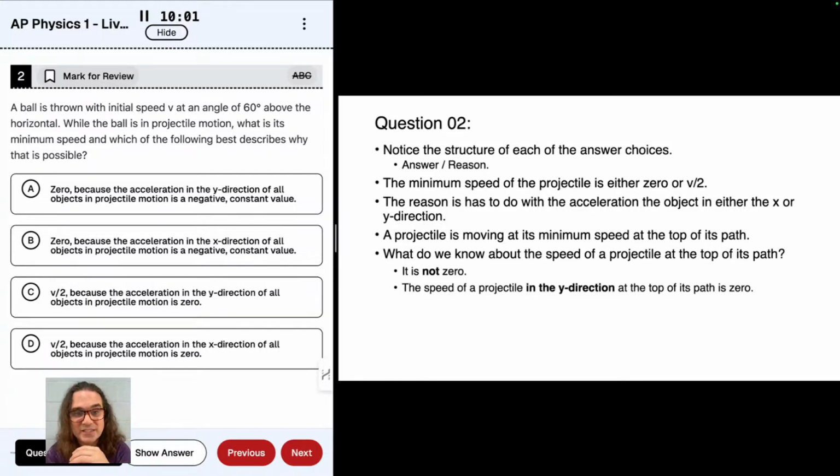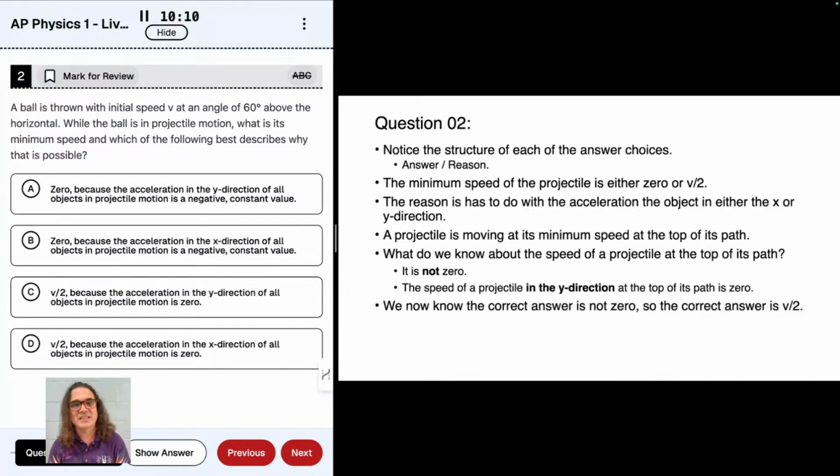The speed of a projectile in the y direction at the top of its path is 0. It's a very important distinction. So what happens here is we know the correct answer is not 0 because it is moving in the x direction. So it has a speed in the x direction.